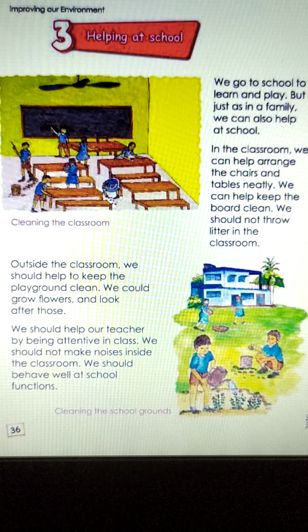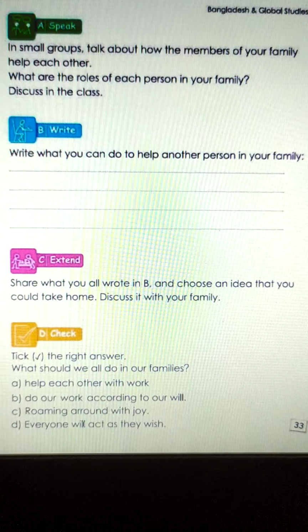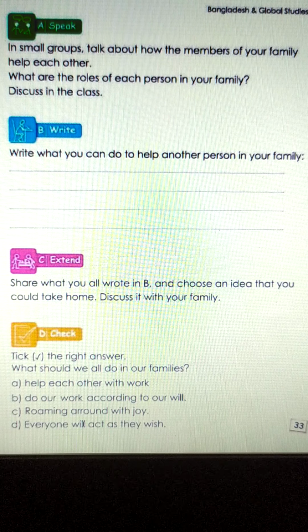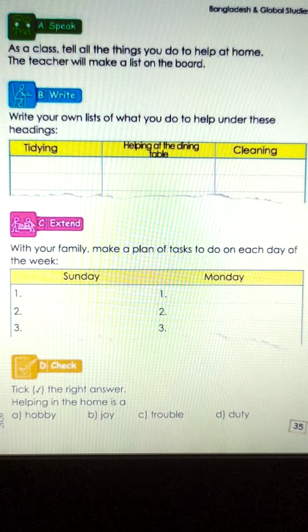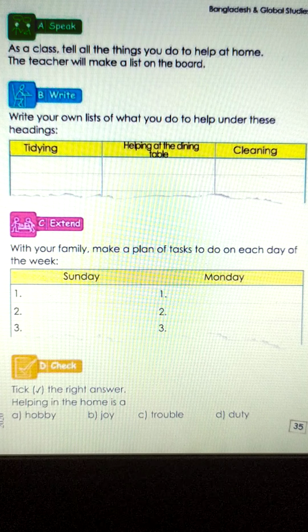Now I'm gonna tell you all the homeworks. Page number 33, exercise B, you're gonna do it in the book. Page number 35, exercise B and exercise C. You're gonna do it in the book.